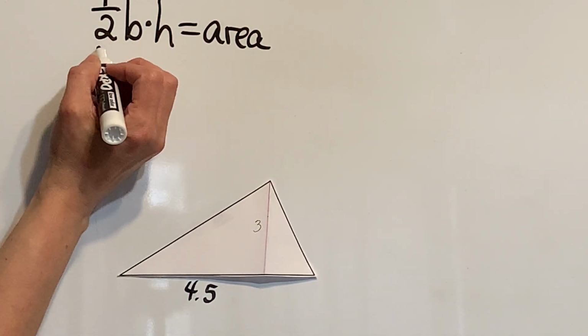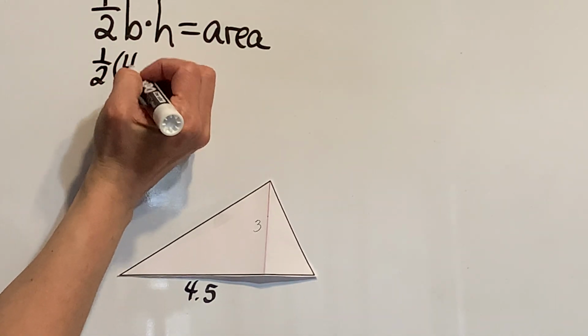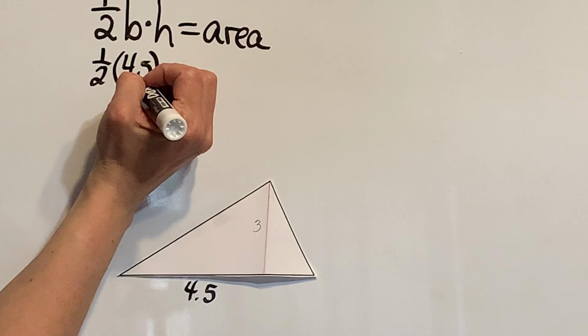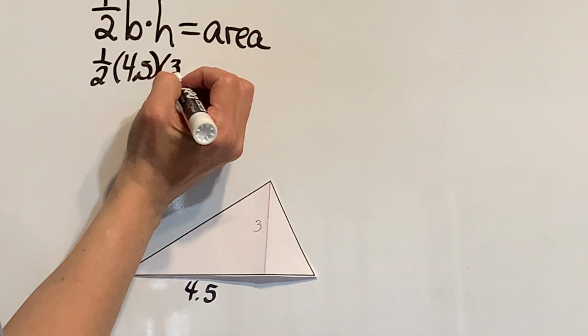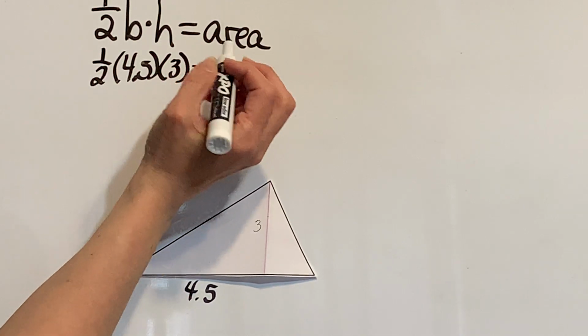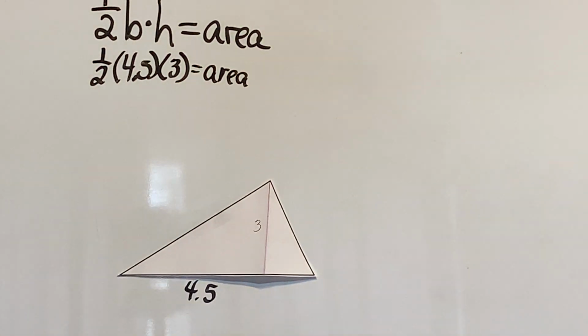So I've got half base, which is 4.5, times the height, which is 3, and that's going to give me the area of this side.